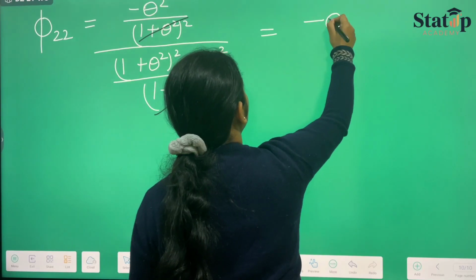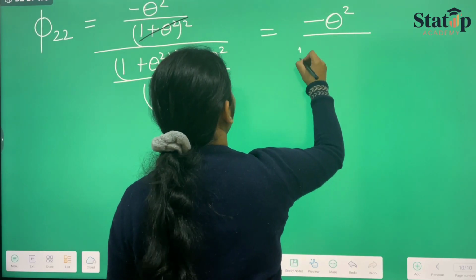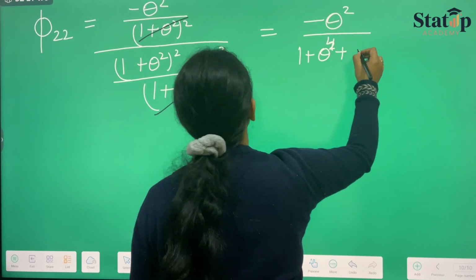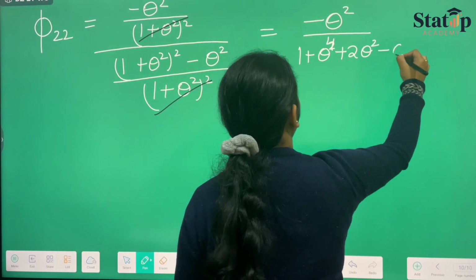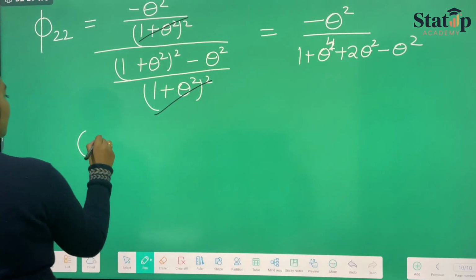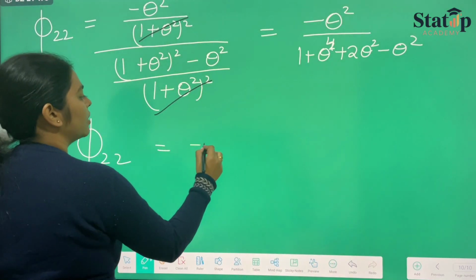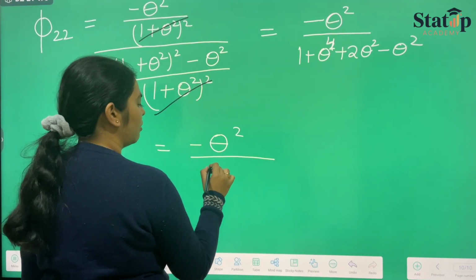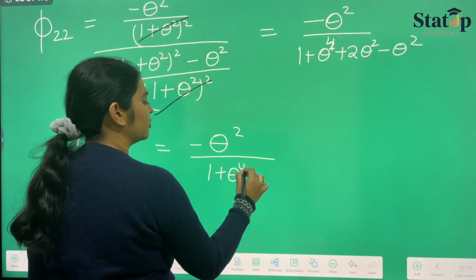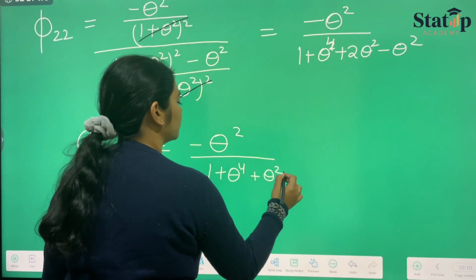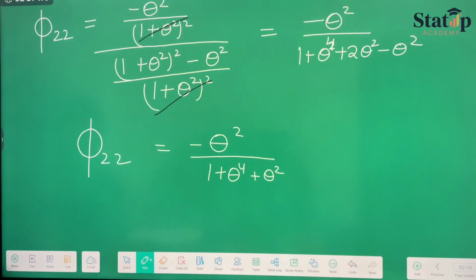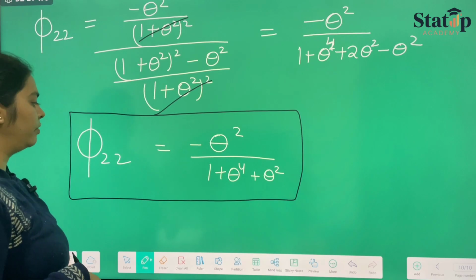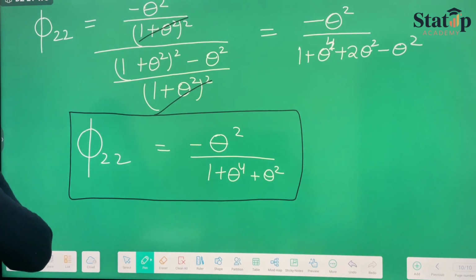We are left with minus theta square upon 1 plus theta square plus theta raised to the power 4 plus 2 theta square minus theta square. And this would give us phi 2 2 is nothing but minus theta square upon 1 plus theta raised to the power 4 plus theta square. So this would be our answer for the partial autocorrelation function at lag 2.